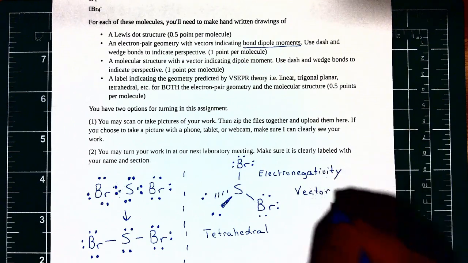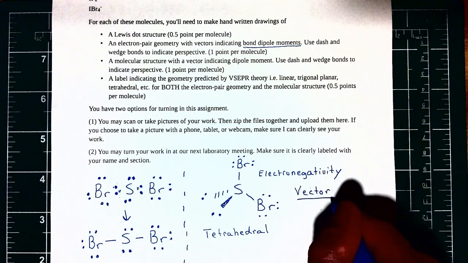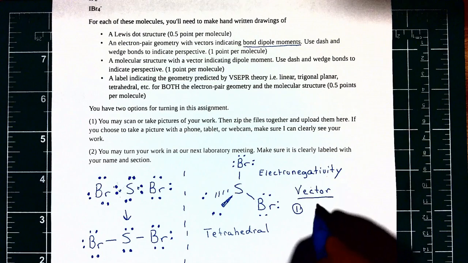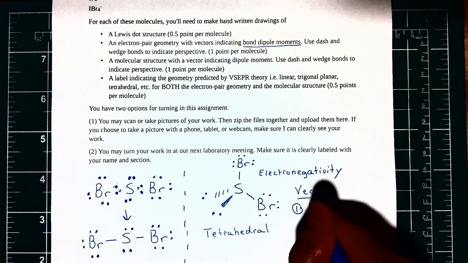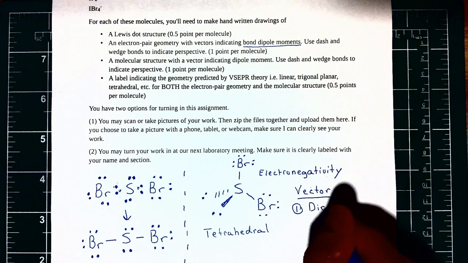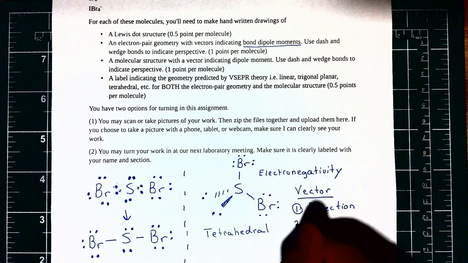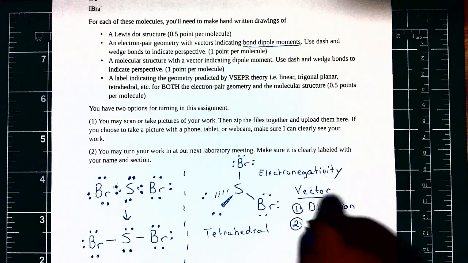A vector is a mathematical entity. There's a lot of math that you can do with it. In this context, though, a vector is only going to be an arrow, and that arrow is going to have a direction. So a beginning and an ending. And it's going to have a magnitude.